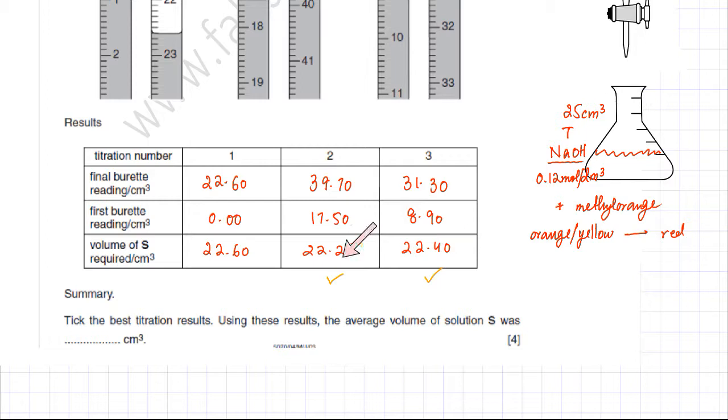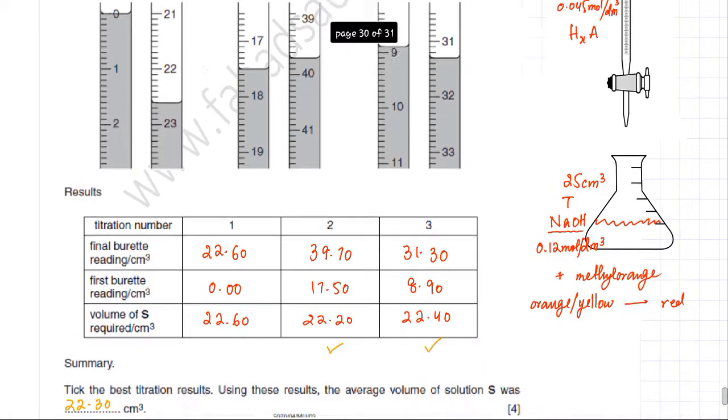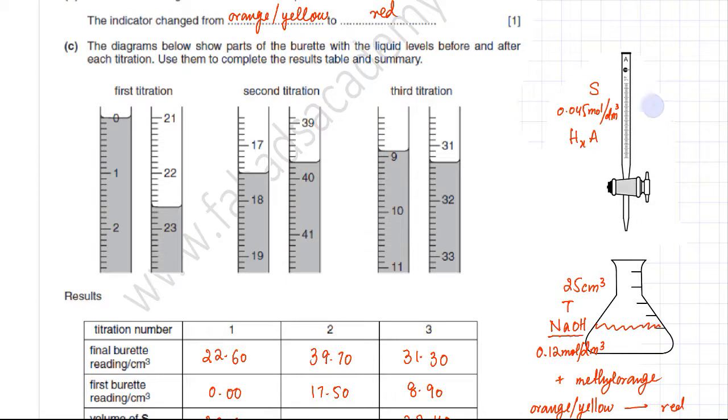So taking the average of these two values, the answer that I'm going to get is 22.30 cm cube. So that would be the average titration result, and I'm going to put that over there as well. So the amount of acid on average that's being used is 22.30 cm cube.